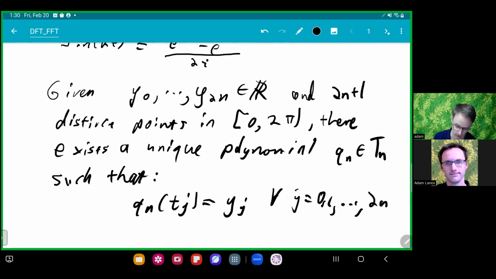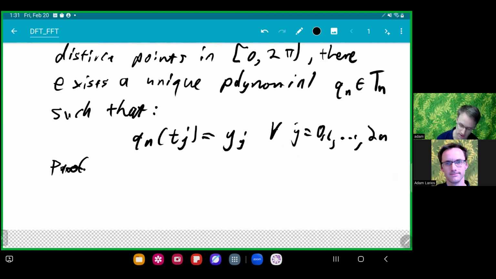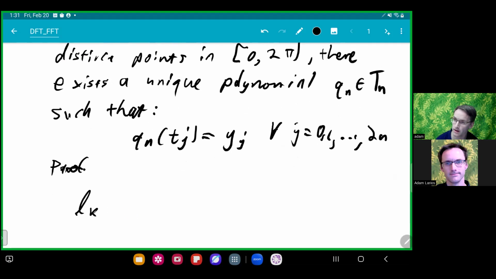All right. The proof of this is just to show you a polynomial that works. I'll let you verify the uniqueness and also let you verify that this works on your own. So the proof is just a couple lines here in some sense. Let's define the Lagrange type trigonometric polynomials in the following way.